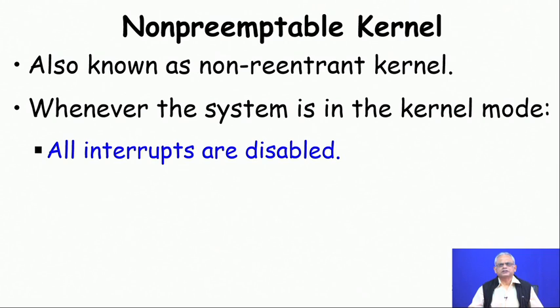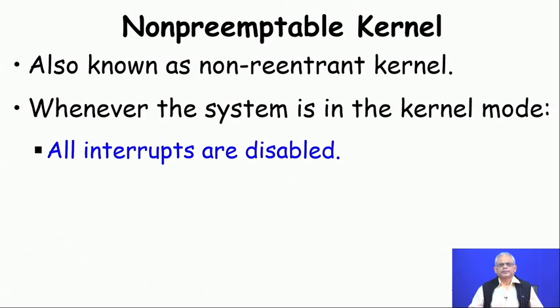Some other code runs and then starts running the kernel code where it left. The answer is no, because that will destroy the integrity of the kernel data structures. The developers of Unix, to make the operating system efficient, did not use kernel level locks.